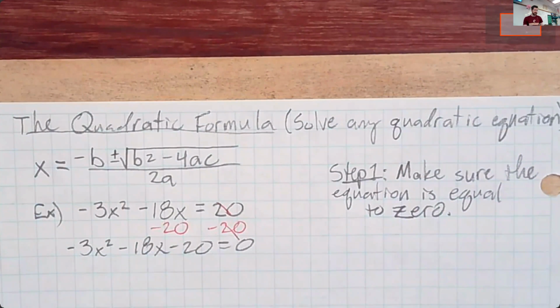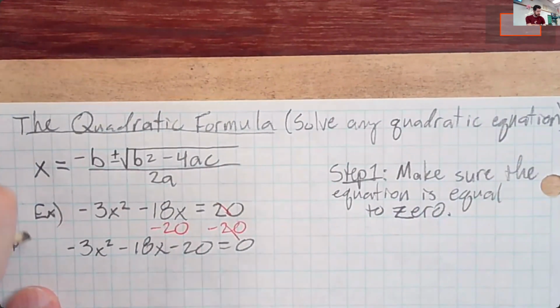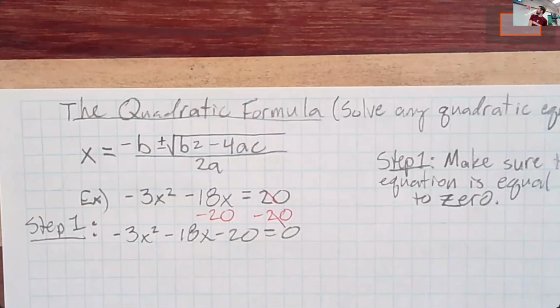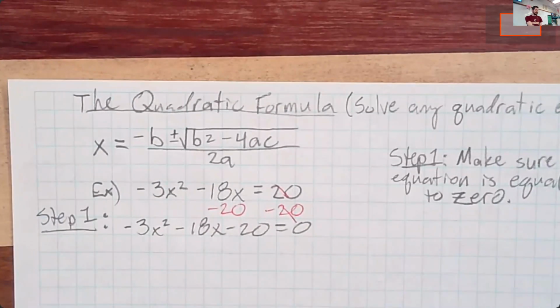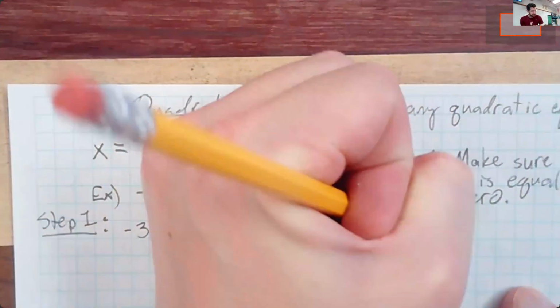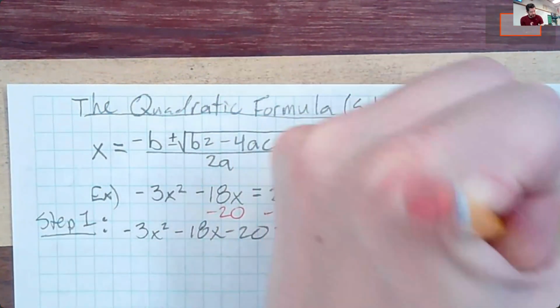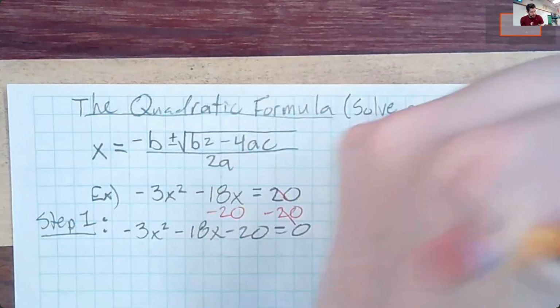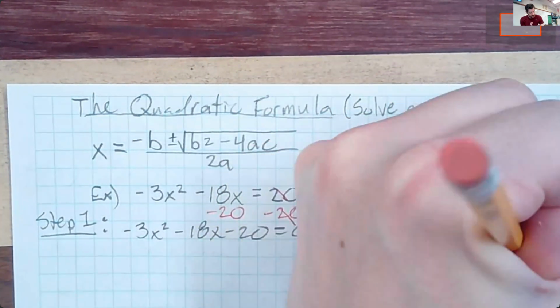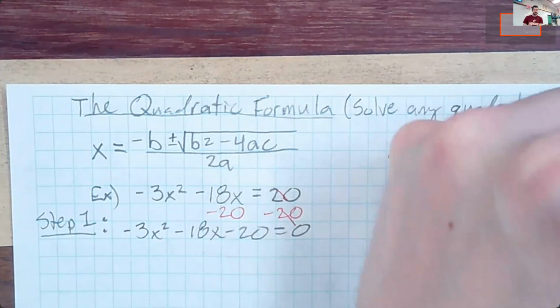Step two. That's step one, so write step one over to the left there as well: set the equation equal to 0.